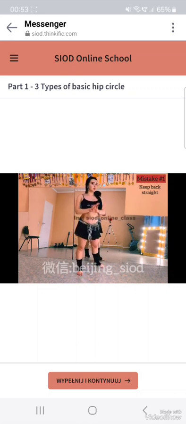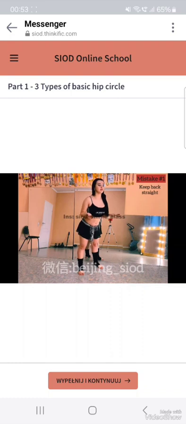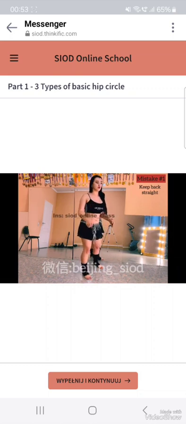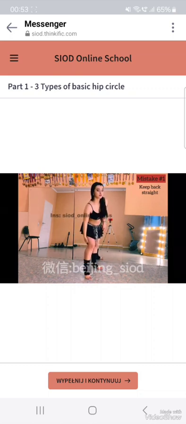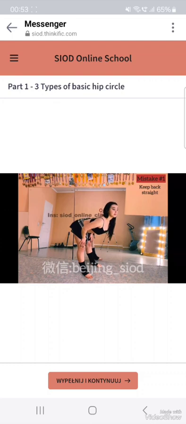When girls make all kinds of hip circle, or any other movements where we bend our upper body, some girls cannot keep their back straight. Also, it can be because of not good stretching of your legs.